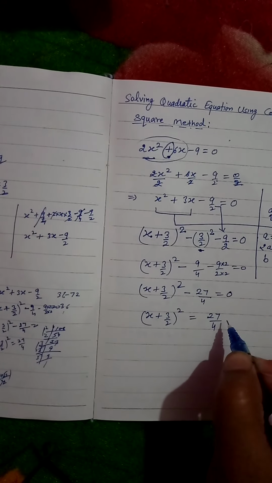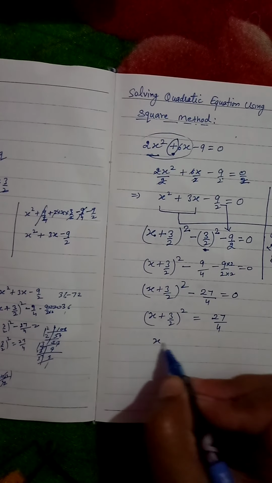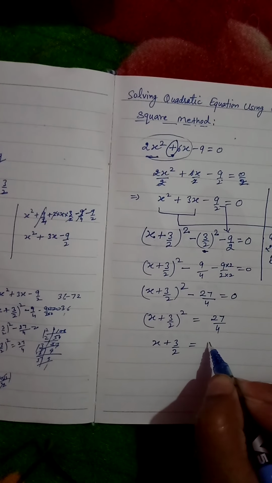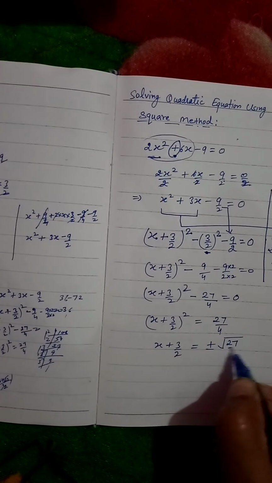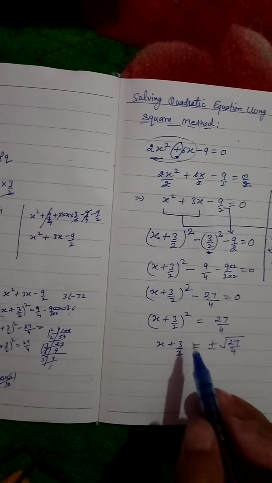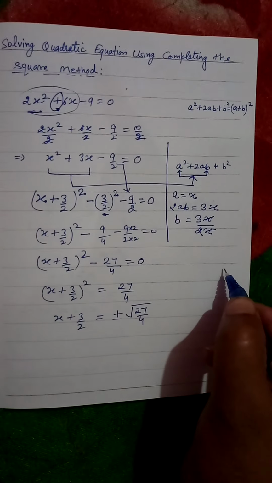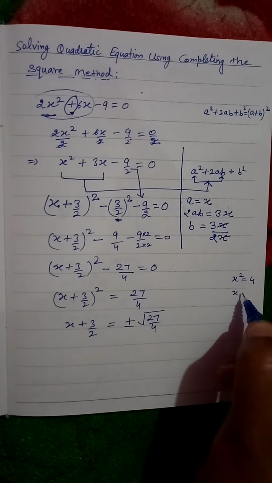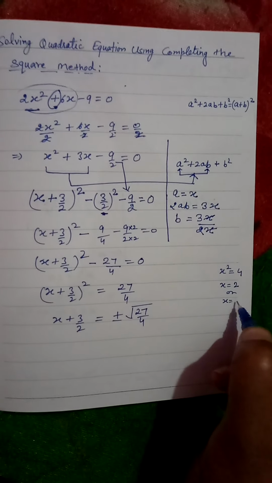Now you can solve this easily. Shift the square to that side, you will get a square root. So x plus 3 by 2 is equal to plus minus under root 27 over 4, because when we have a square, as I gave you one example already, if x square is 4, then x can take two values, positive 2 or minus 2.